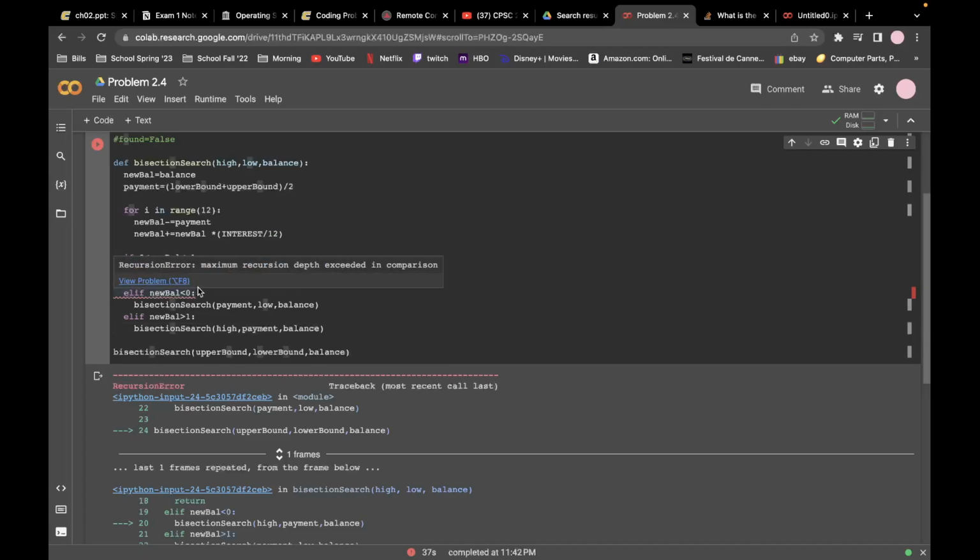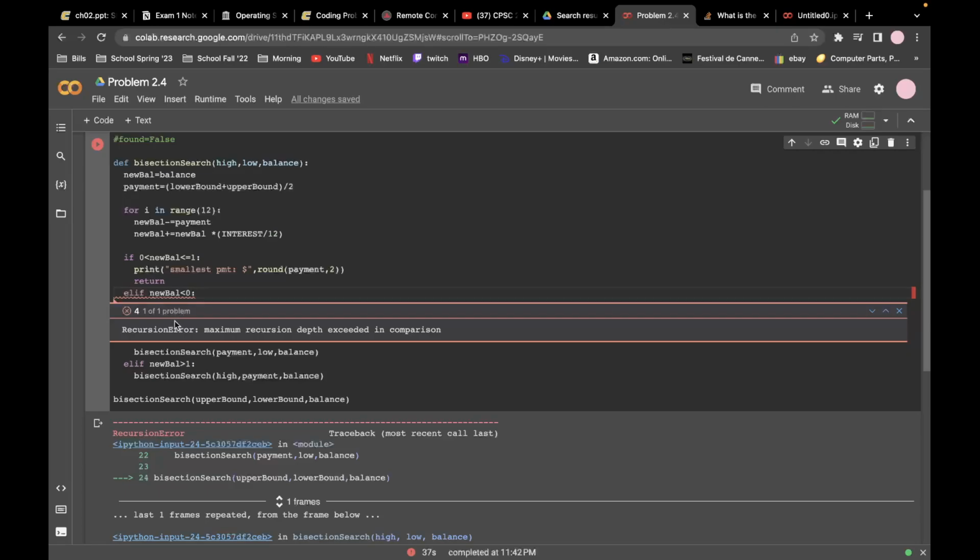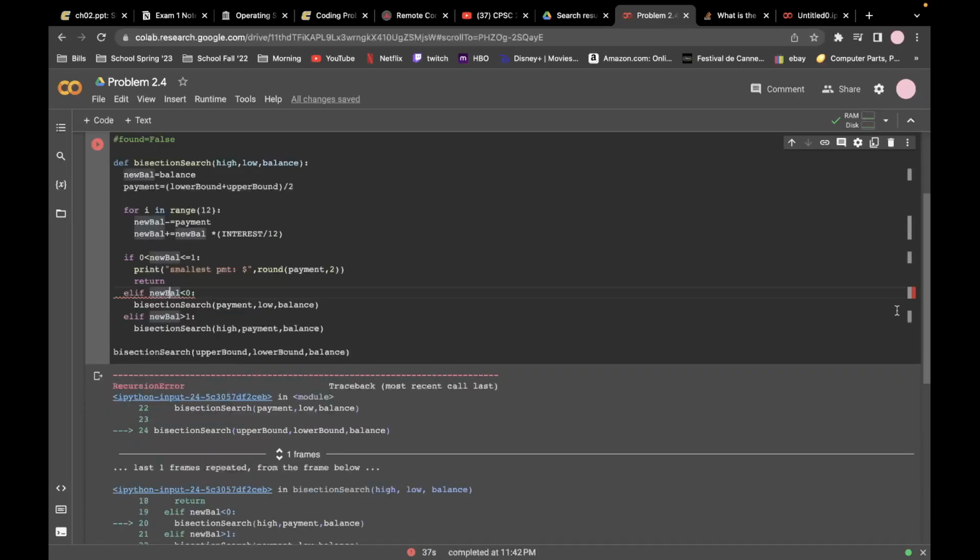I'm not sure what to do here. It's saying maximum recursion depth exceeded in comparison if new balance is less than 0. I just don't get that. New balance has to be greater than 0, but if it's less than 0, we do this. If it's greater than 1, we do this.